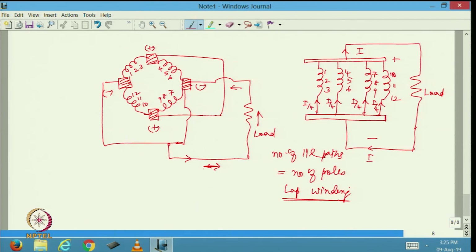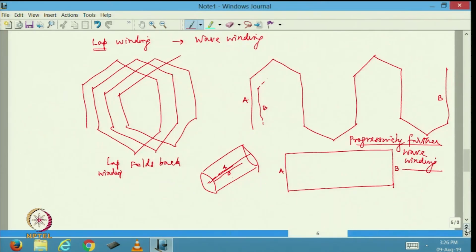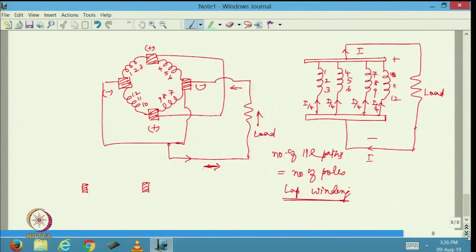Whereas, if I look at the wave winding, I am going to have 1 positive brush and 1 negative brush. That is it. Because the winding goes progressively like what I showed here, I am going to have many coils connected together like this. So 1, 2, 3, 4, 5, 6 coils will be connected here, another 6 coils will be connected here, if it is a wave winding.